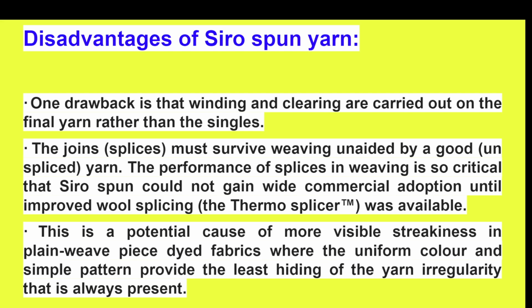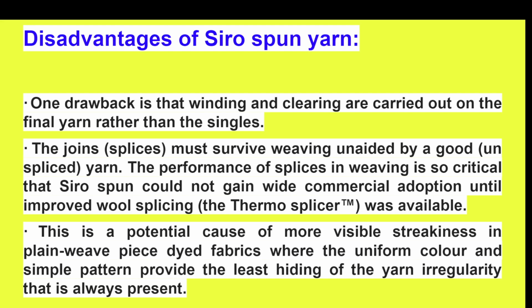The joints or splices must survive weaving unaided by a good unspliced yarn. The performance of splices in weaving is so critical that Siro spun could not gain wide commercial adoption until improved wool splicing, the thermo splicer, was available.